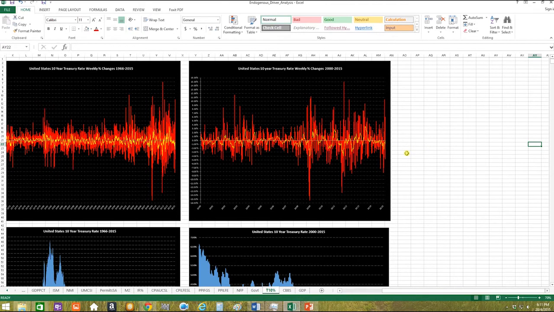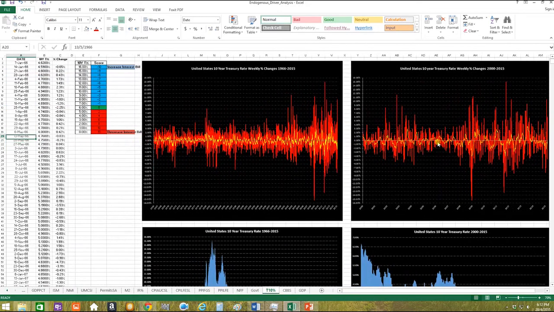And the 12-week moving average is giving you a trailing picture of positive or negative weekly percentage changes in the 10-year Treasury rate. And as we know, if the rate is going higher, we're seeing net sellers of bonds. And if the rate is going lower, we're seeing net buyers of bonds. So we can put this into context of any market at any time.